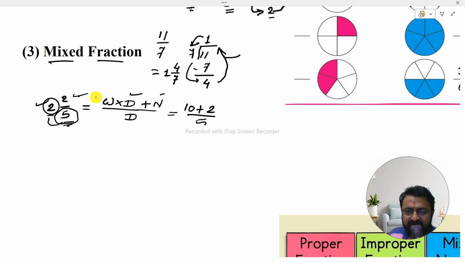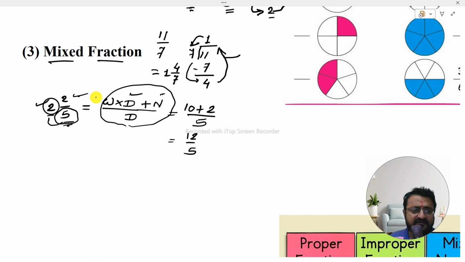So the answer is 10 plus 2, which is 12 upon 5. This was your first sum, and you have to remember this formula. I made a circle on it.